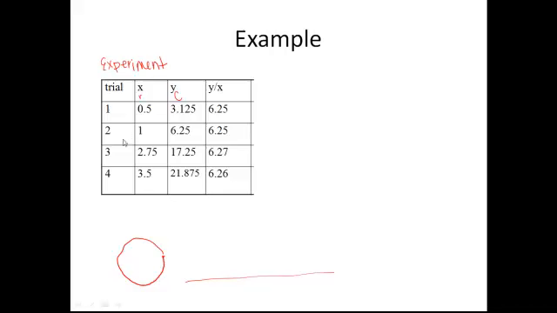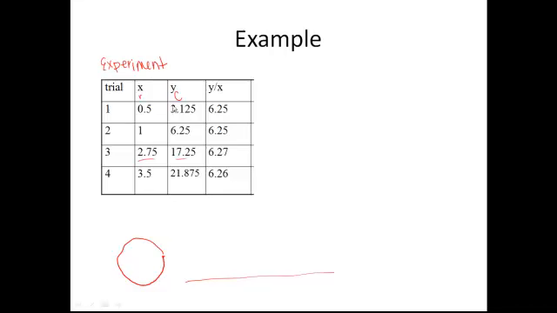Same thing in trial 2: you measure the radius, it's 1 inch, and when you measure the circumference, it's 6 1/4 inches, or 6.25 inches. Here is your measurement for radius, and here are your measurements for circumference. So you did this experiment, and what you found was something interesting.